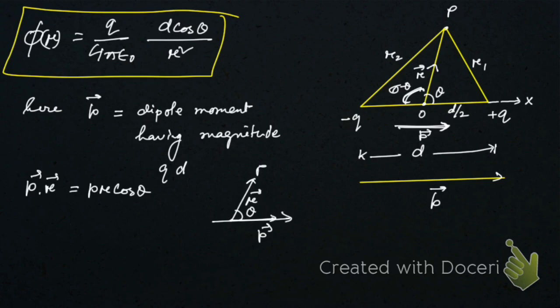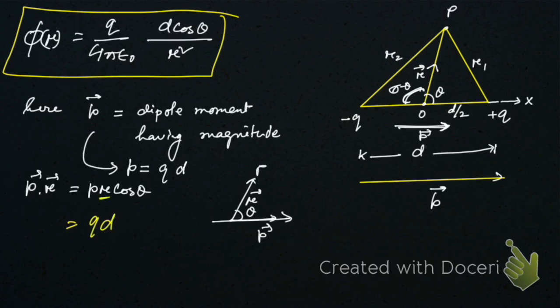Now what we can do is, the magnitude of p is this q into d, right? Sorry, let me write: the magnitude of p is q into d, right? So here you see in this expression, this q into d can be replaced by this small p. So this p is nothing but q d.